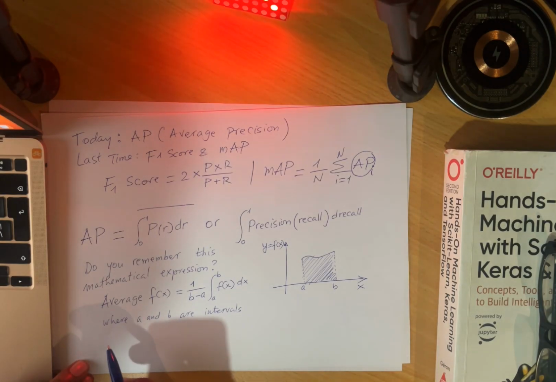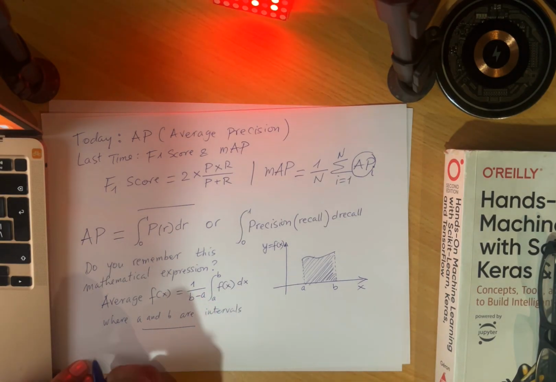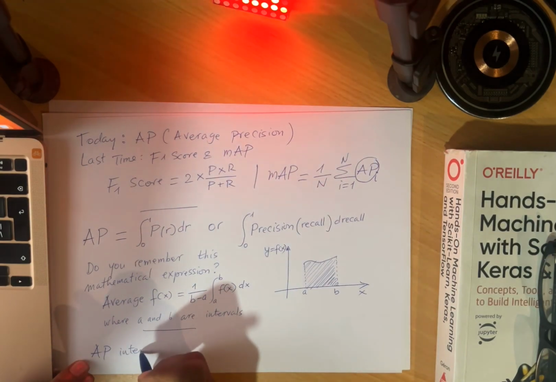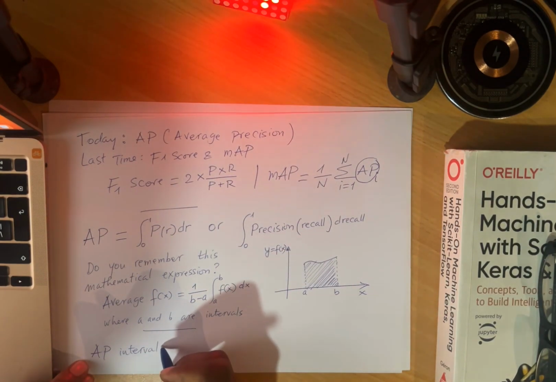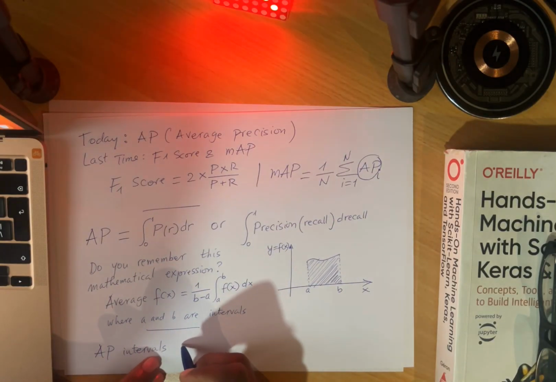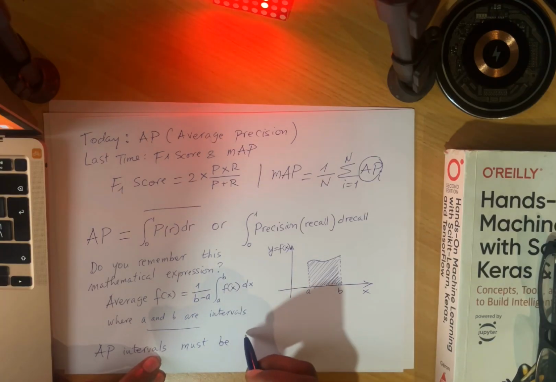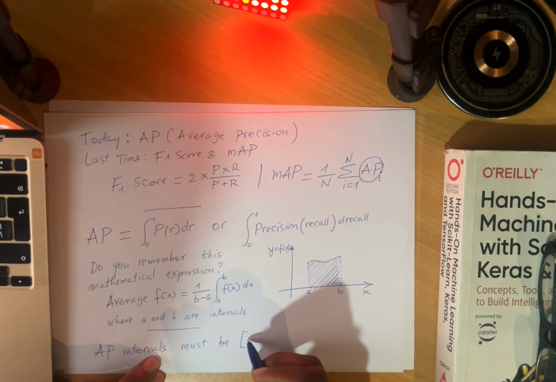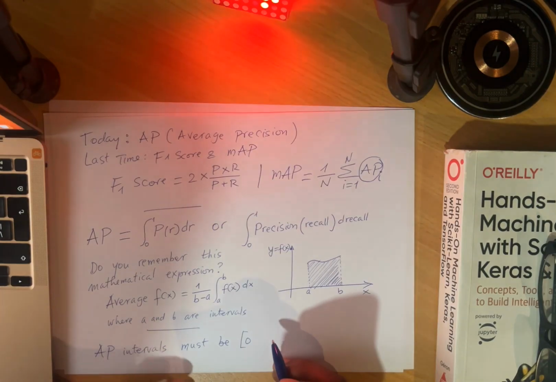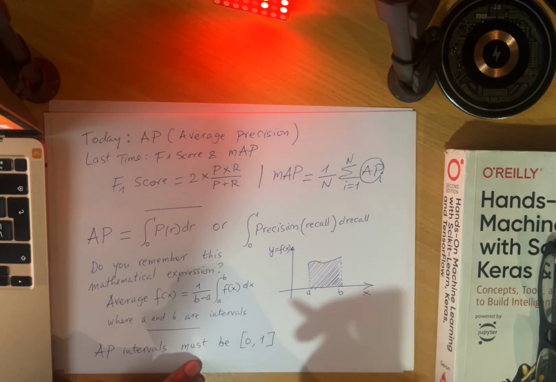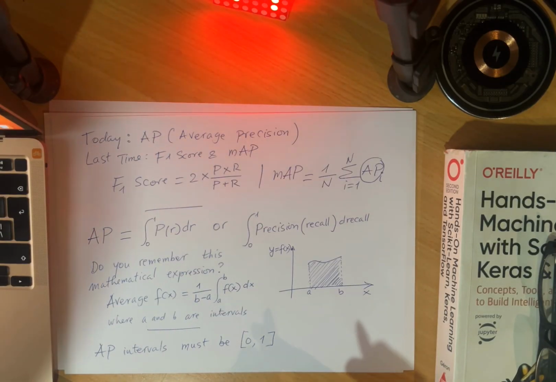It can't go beyond that. AP intervals must be zero included to 1 included, or inclusive.